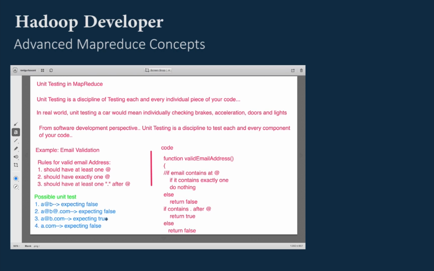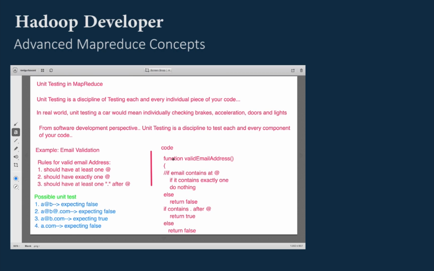So these are potential unit test cases where we will pass this input to this code, and here we will expect that we will get false. If our expected result is equal to the actual result, then we say it's a pass test case, otherwise it's a fail test case.